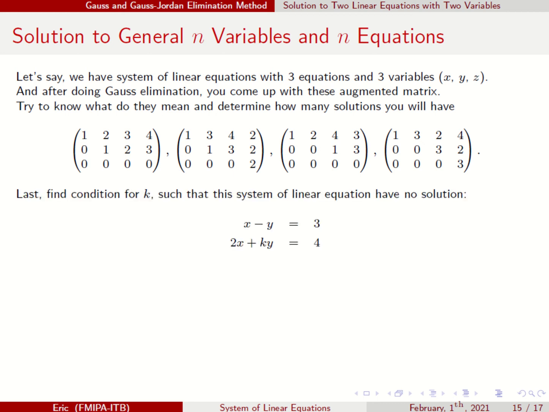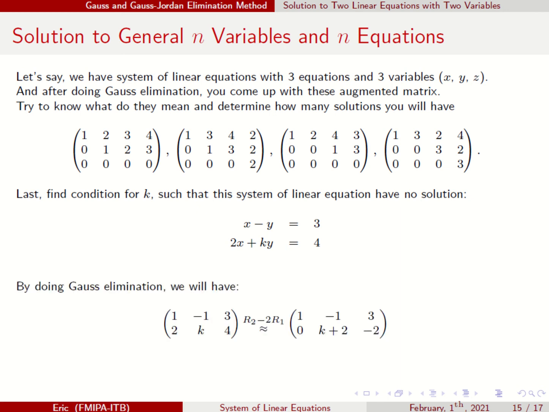Next, find the condition for k such that the system has no solution. To look at this, we use the Gauss-Jordan elimination method. So I have 1. I have to set this into 0. R2 minus 2 R1 will give you this and this and this.